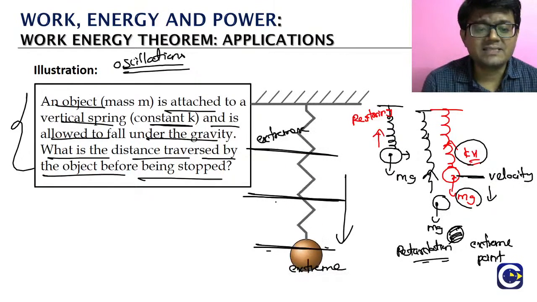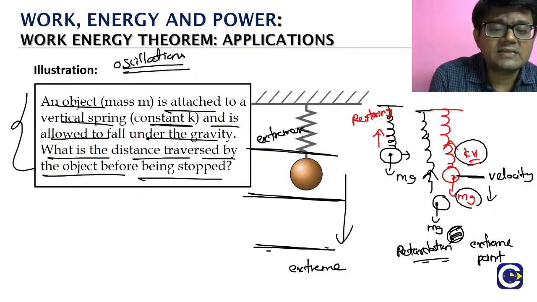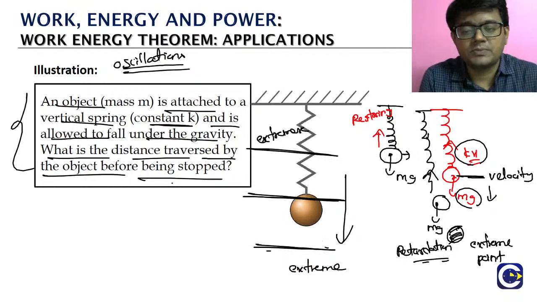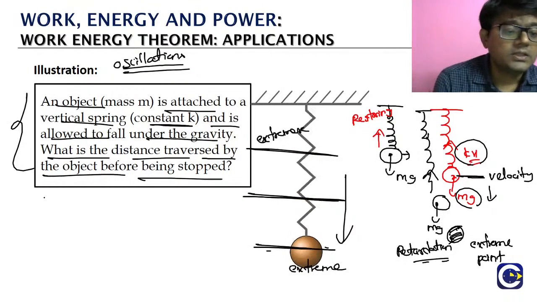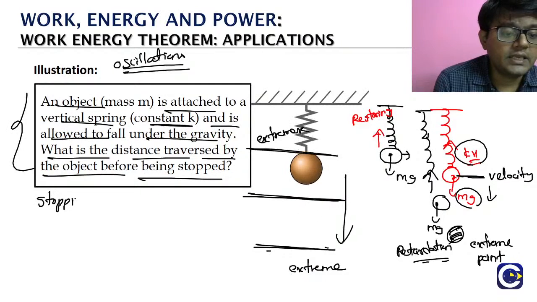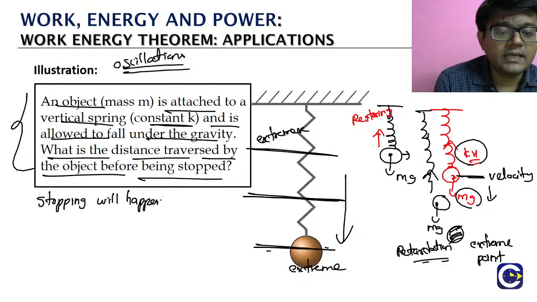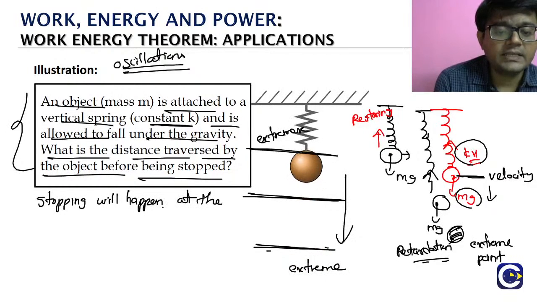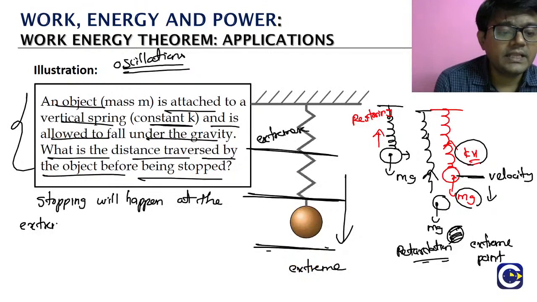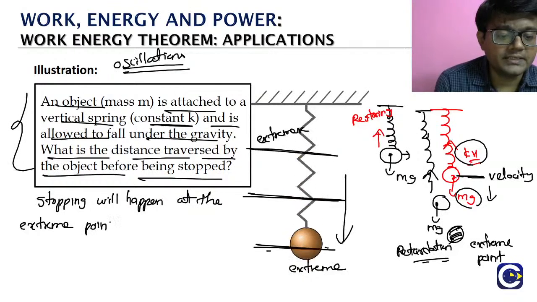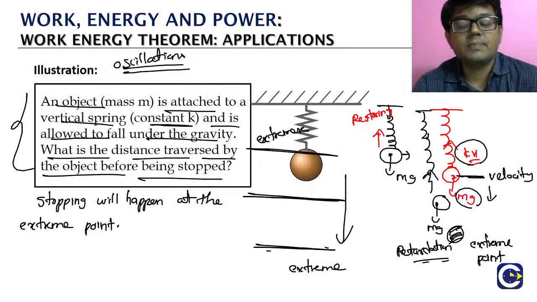But here, they are simply asking what is the distance traversed by the object before being stopped. Remember, the stopping will happen at the extreme point. It will be stopping at the extreme point.